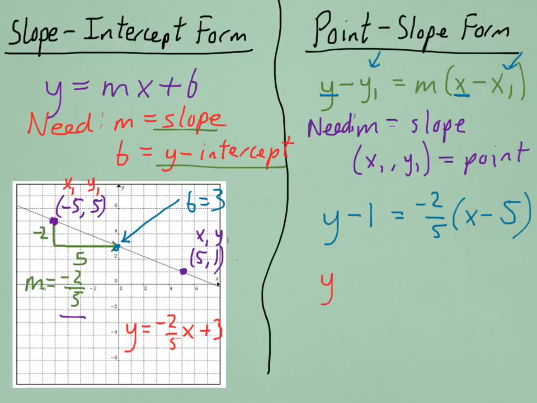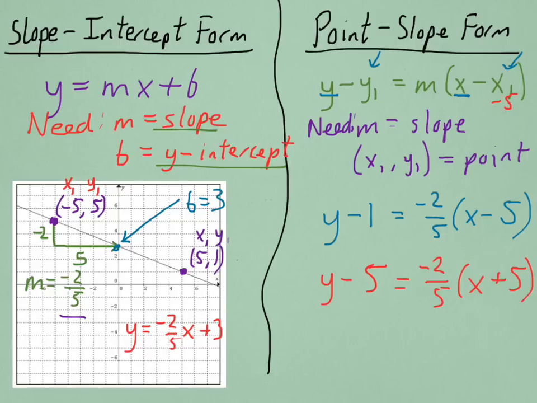So I would write y minus 5, because y1 is 5, equals -2/5 times quantity x plus 5. Now, why did I say plus 5? Well, since I'm putting in a -5 for x1, subtracting a negative number is the same as adding.